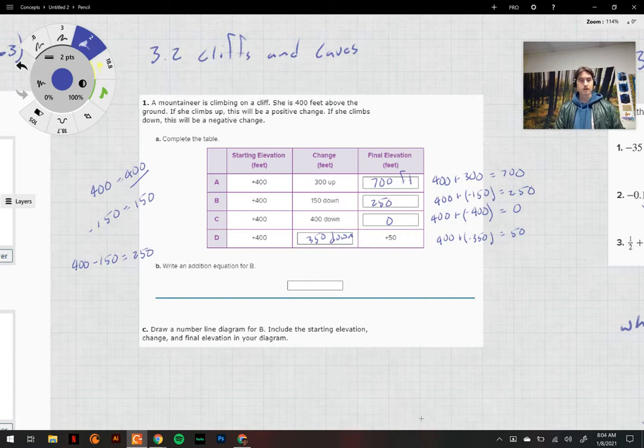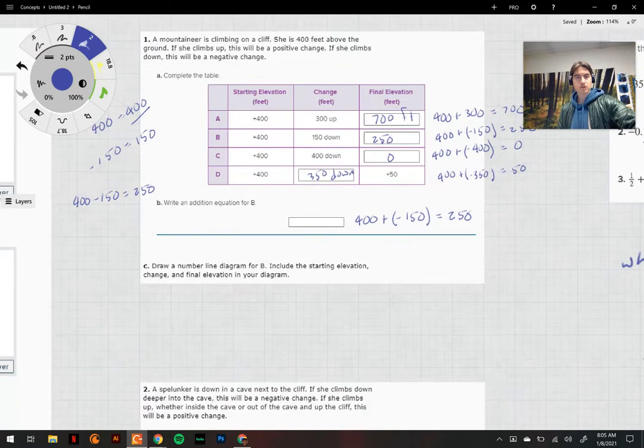So if we come down here, it says write an addition equation for B. We already did that, but our equation would be 400 plus negative 150 equals 250. It's positive because the magnitude of 400 is larger than our negative magnitude. Okay, now we just need to draw a number line that shows that relationship.